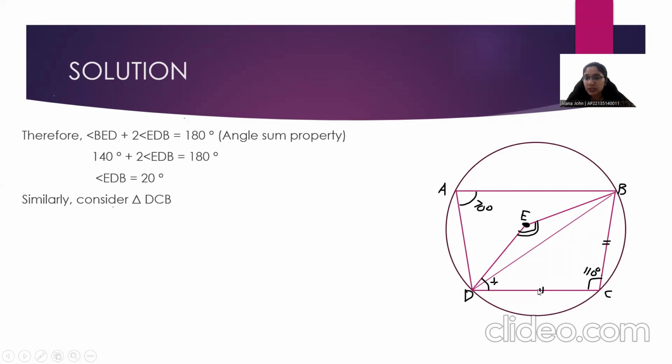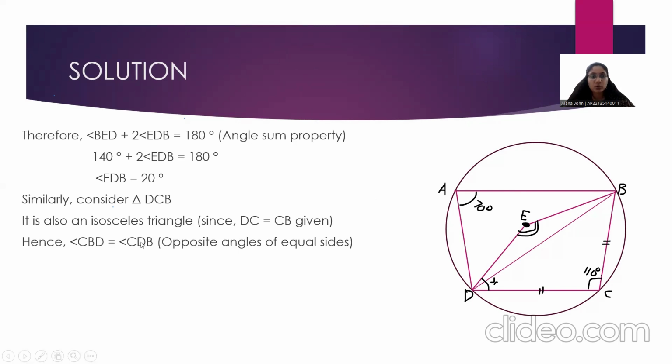So this is also an isosceles triangle, and this angle we know as 110 degrees. Then the angles opposite to equal sides will be equal, right? These two angles will be equal.